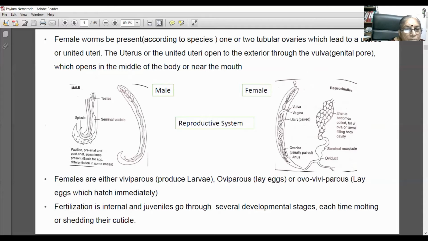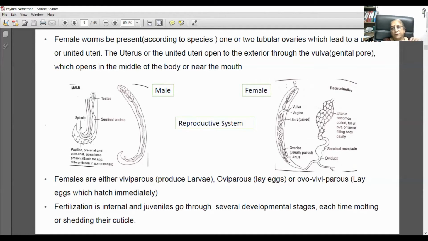It is coming out through a preanal and postanal area. Between that, in this posterior end, you will see that the spicule is present and there are some sensory units that are present here in this spicular end.